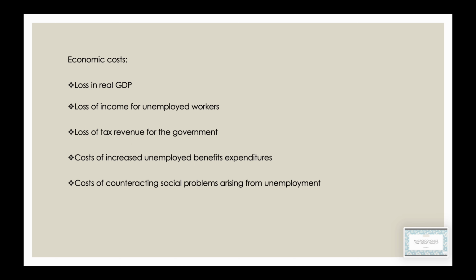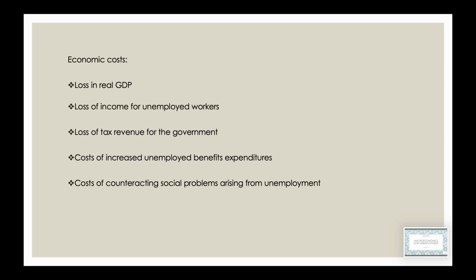There's also a loss of income for unemployed workers, and a loss of tax revenue from income taxes and even indirect taxes, because people with income spend money. And also we have costs for increased unemployment benefits expenditures, because more people being unemployed means we need more transfer payments, more money spent on them.